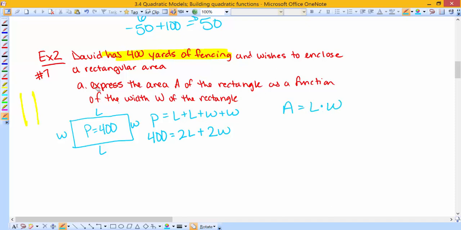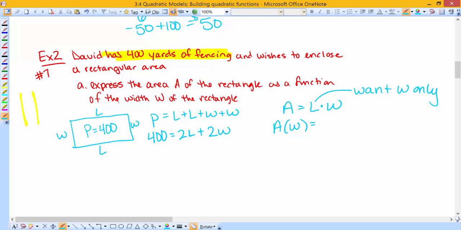Now I continue reading. Express the area of the rectangle, so I have that, as a function of the width, which means I want A of W, which means I want W only. L cannot be there. So I need to find something I can replace L with. So I'm going to use my perimeter.